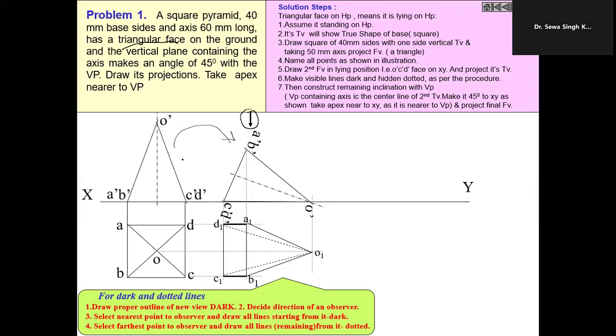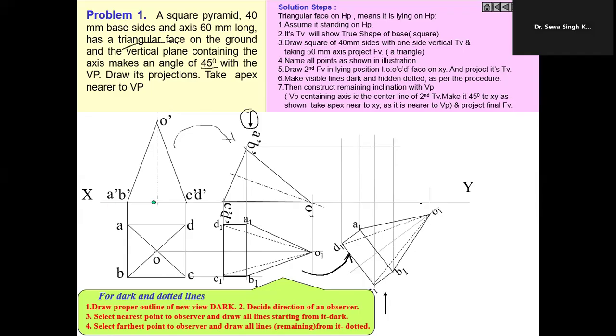Now, taking the third condition, the angle with VP as 45 degrees, we have to redraw this view, keeping the condition satisfied. It means the plane containing the axis is inclined to VP at 45 degrees. Take projectors, locate the points, and join the points lying on the boundary with a dark line.